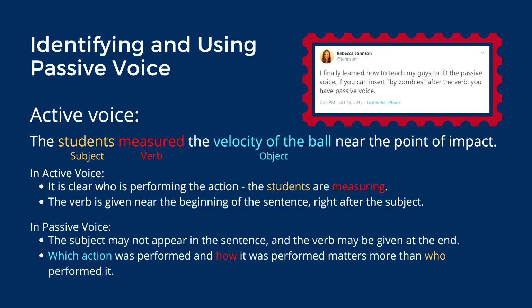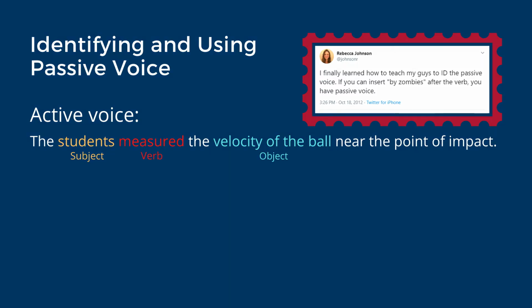To illustrate how putting a sentence in passive voice shifts that focus, let's put the previous sentence in passive voice. You'll remember, the sentence in the active voice was, "The students measured the velocity of the ball near the point of impact."